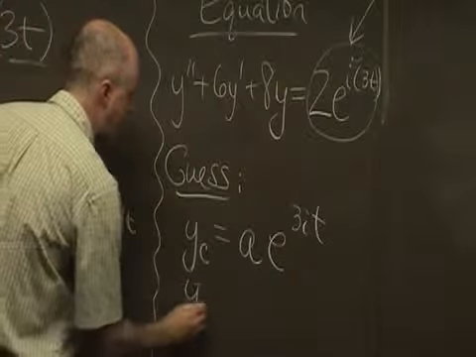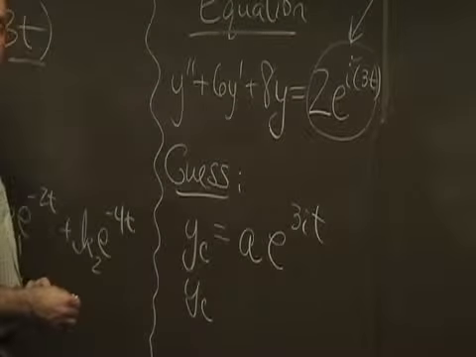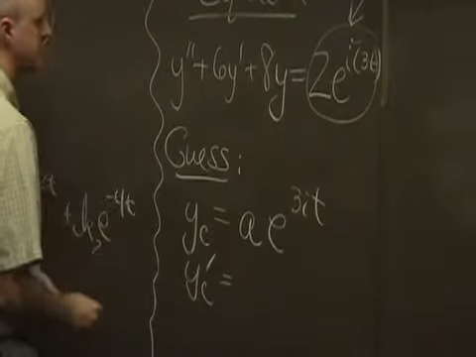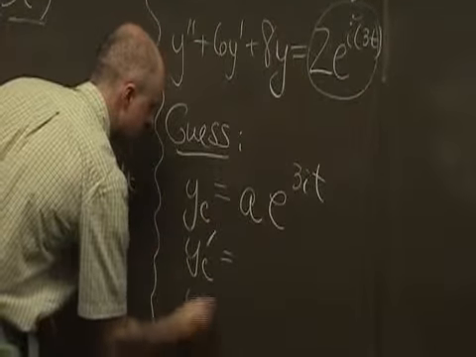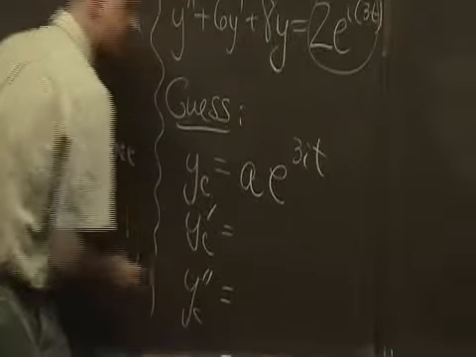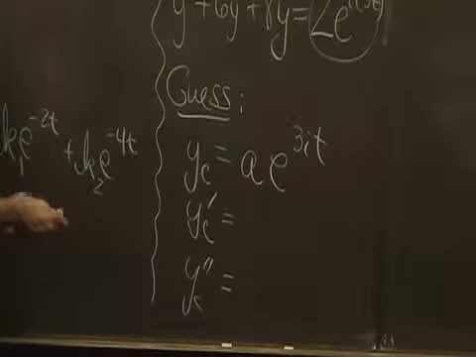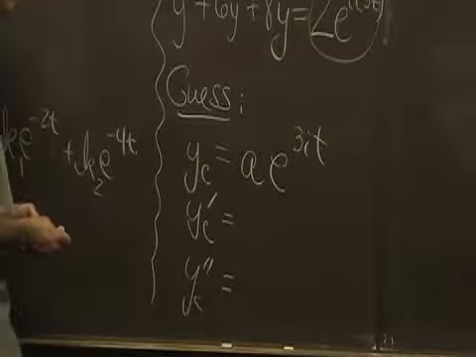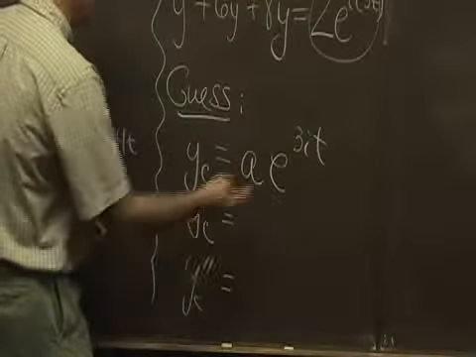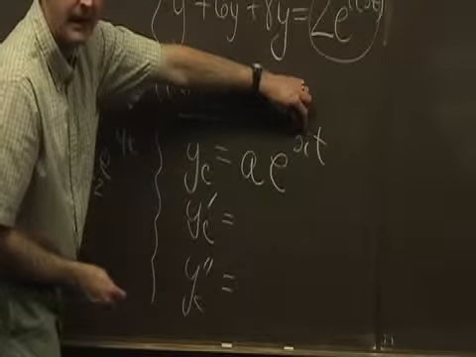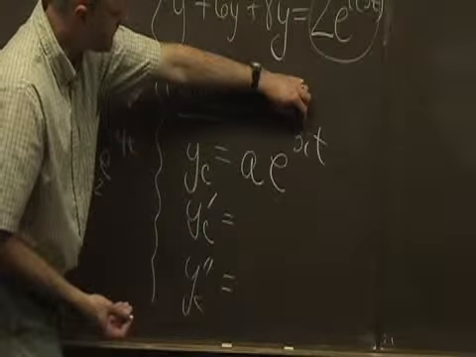Approach it in the same way you did for problems from section 4.1. We've got to plug the guess into the differential equation, so we've got to take its first and second derivatives, assuming the derivative rules work for complex numbers as usual, and they can be defined to work that way essentially. We need to use the chain rule, so that gives us an extra factor of 3i each time we differentiate.